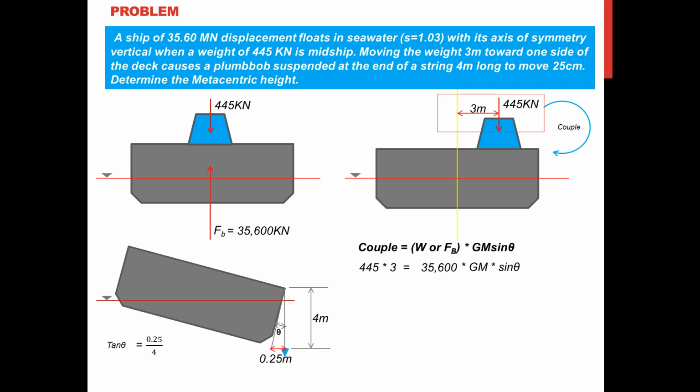We write tangent theta. Opposite to angle theta is 0.25. Adjacent is 4. Now we can get the angle to be equal to 3.6 degrees. So we simply substitute that into this equation. Then we can get the value of the metacentric height equal to 0.6 meters.